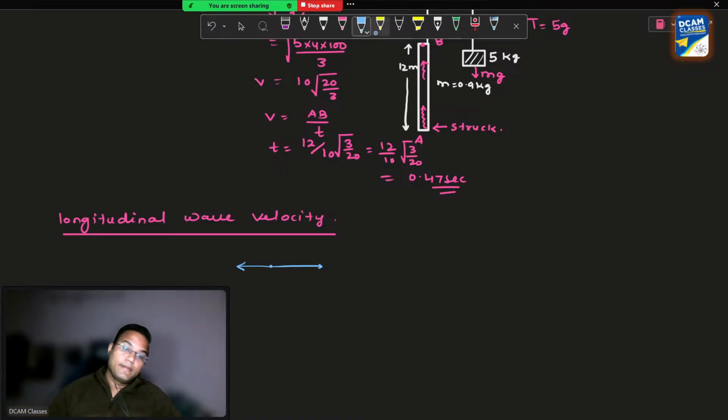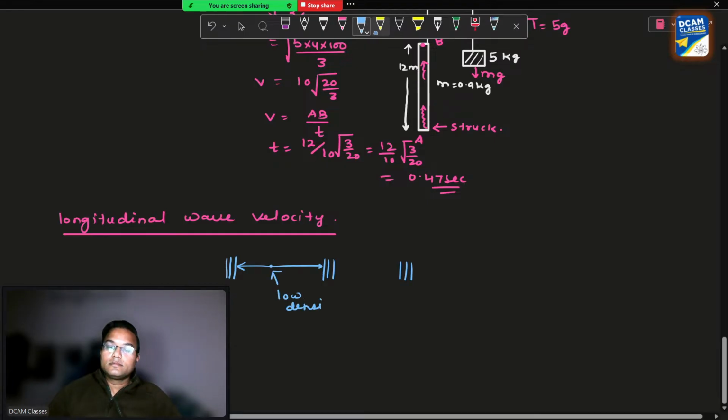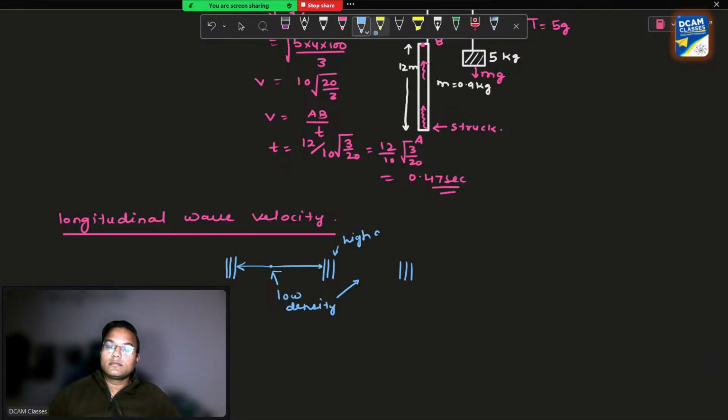So what happens here? There are places where the density becomes high, and there are places where density becomes very low. This portion will be low density. This portion will be high density. Understanding? And this is happening because the particles are moving forward and backward.